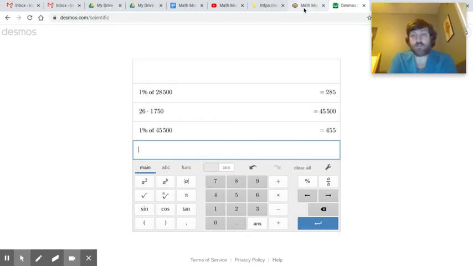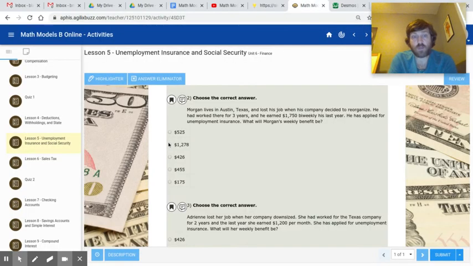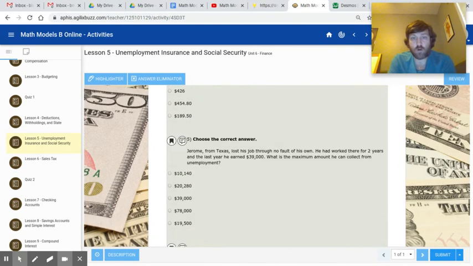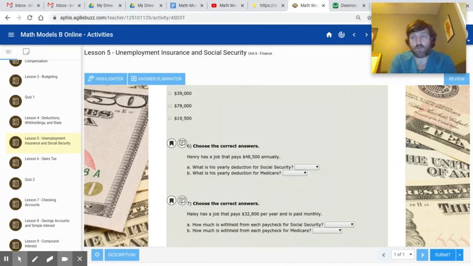And we get 455. Well, the problem is you can't make 455, so he maxes out at 426. You can't make more than 426. So anytime you get an answer that's higher than 426, you just stop and go 426. Questions 3, 4, 5 are all the same.